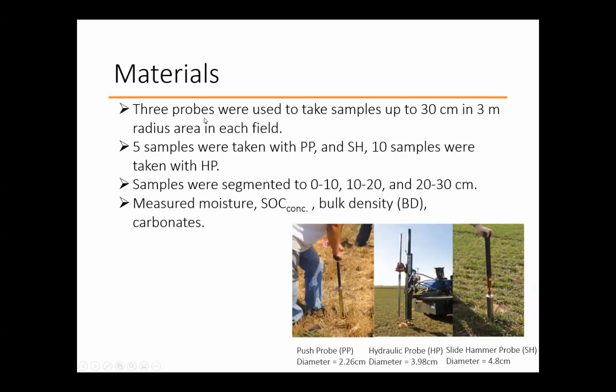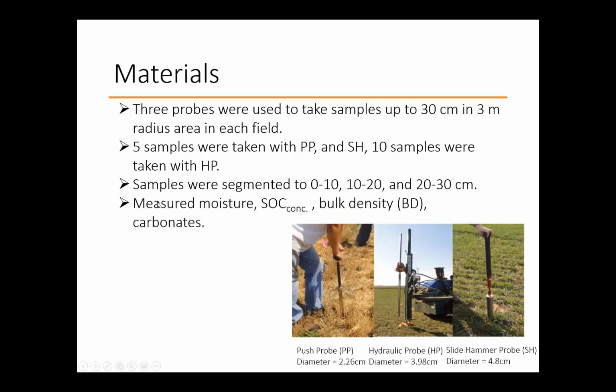We took samples in each field from a 3-meter radius area, which was selected randomly. We took 5 samples per probe from the push probe and slide hammer, and 10 samples with the hydraulic probe, but for analysis we just used the first 5 samples from the hydraulic probe.